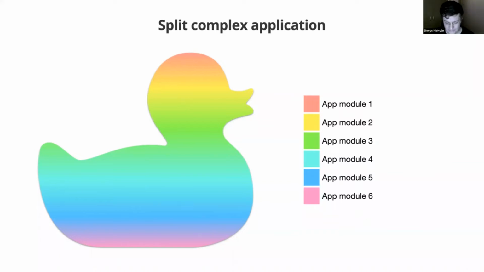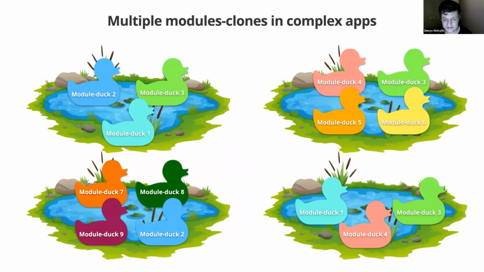Okay, and the other case is when you build not only one application, and you sometimes want to use something that was built in another application, but you cannot reuse it because, for example, your current application is built in Vue.js, and the previous one was built in Angular.js.